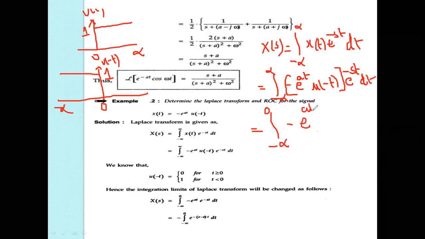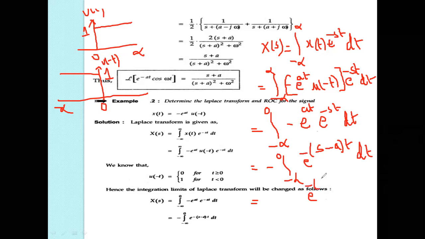of minus e power at, e power minus st dt is equal to, now both have the same base, so we can add the powers. Minus is already there. Integral from minus infinity to 0 of e power minus (s minus a) into t dt, that is equal to, what is the exponential integral here?